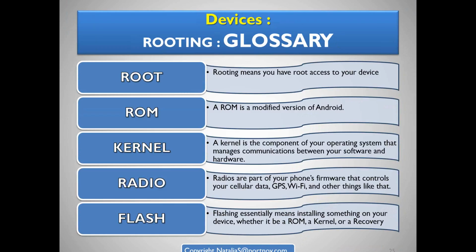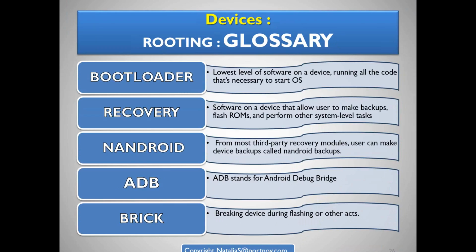Your radio controls your cellular data, GPS, Wi-Fi, and other things like that. Then we have flash. Flashing in our industry means installing something on your device, whether it be a ROM or kernel or recovery that comes in the form of a zip file.